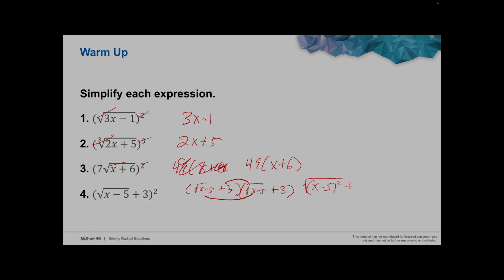And then 3 plus 3 is 9, so you got the 9 at the end. Those cancel, leaving you with x minus 5 plus 6 times the square root of x minus 5 plus 9. Combine like terms. Square root of x minus 5 plus 4. And that's just how that one has to end up. You can't take it any further than that.